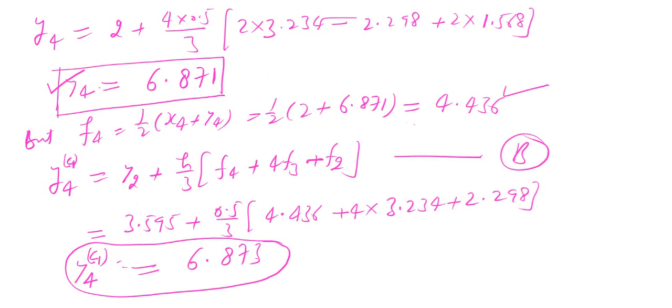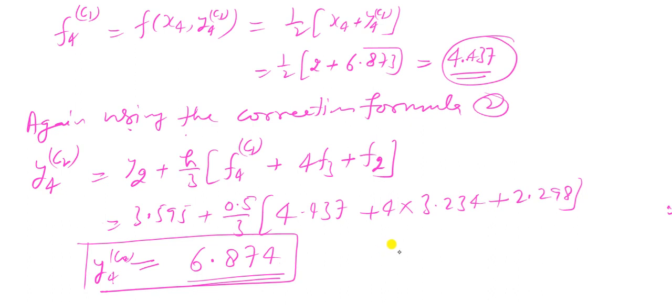When the difference between two successive corrected values is less than or equal to 1 upon 2 into 10 to the power minus the number of decimal places, here we want to compute the value of y at x is equal to 2 correct to 3 decimal places, so this value is 0.001, and if we compute the difference of y4 of c2 and y4 of c1, then we obtain this difference.